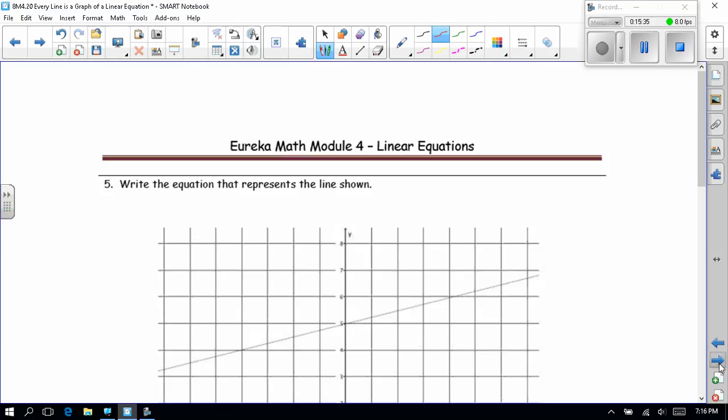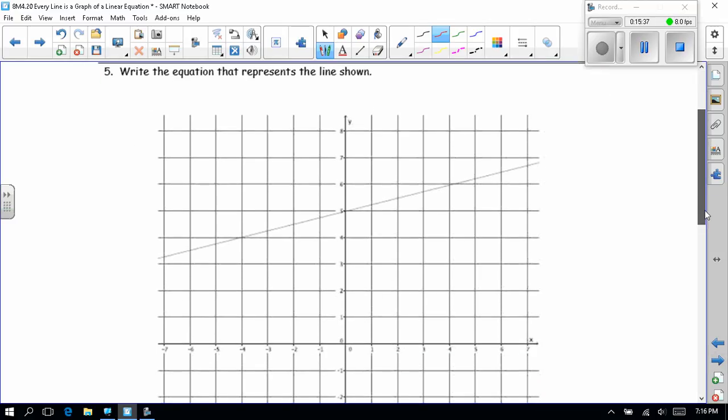And this one, go ahead and just do it in slope-intercept form. You should be ahead of me. I'm not pausing it, but you should be working ahead, not just waiting for me.